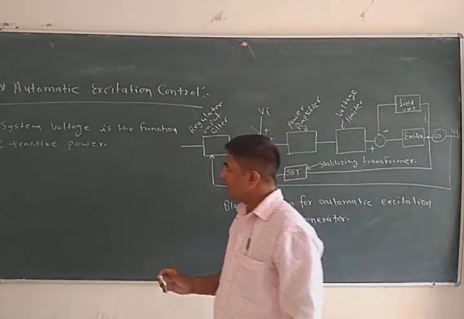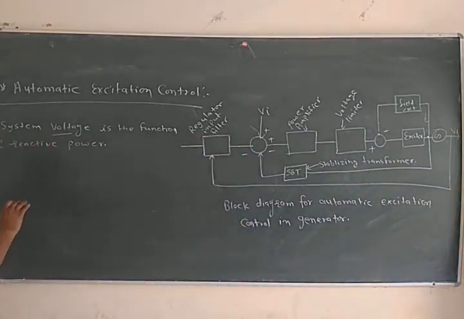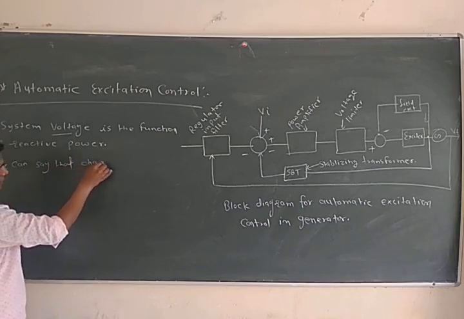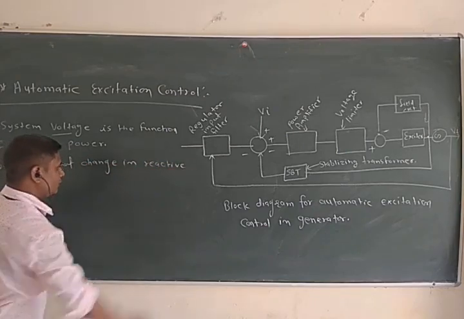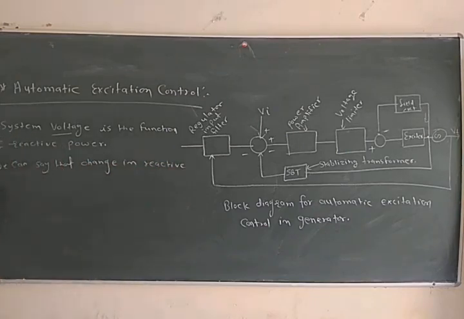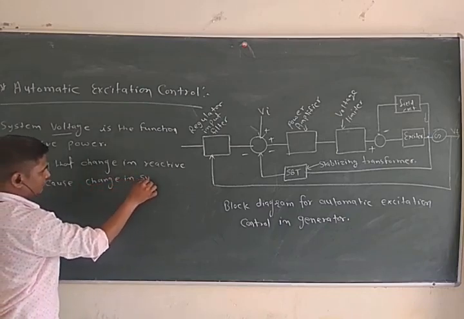It means voltage in our system remains constant when the reactive power in that system remains fixed. Means we can say that change in reactive power may cause change in system voltage.